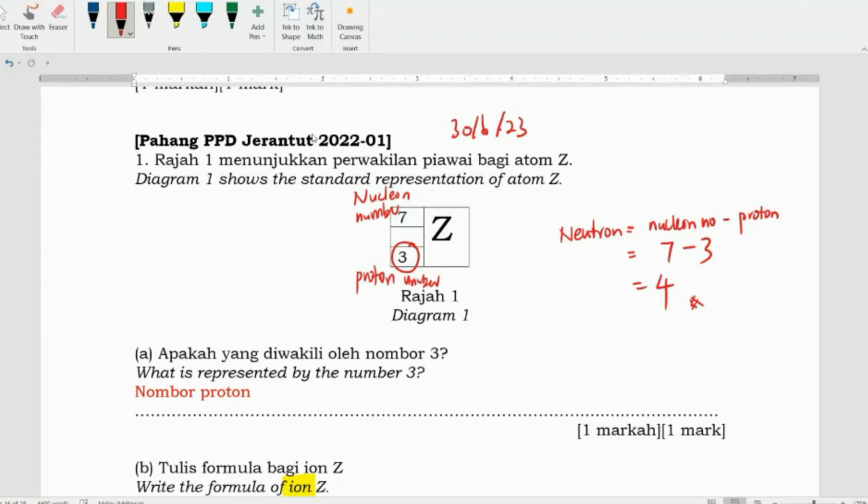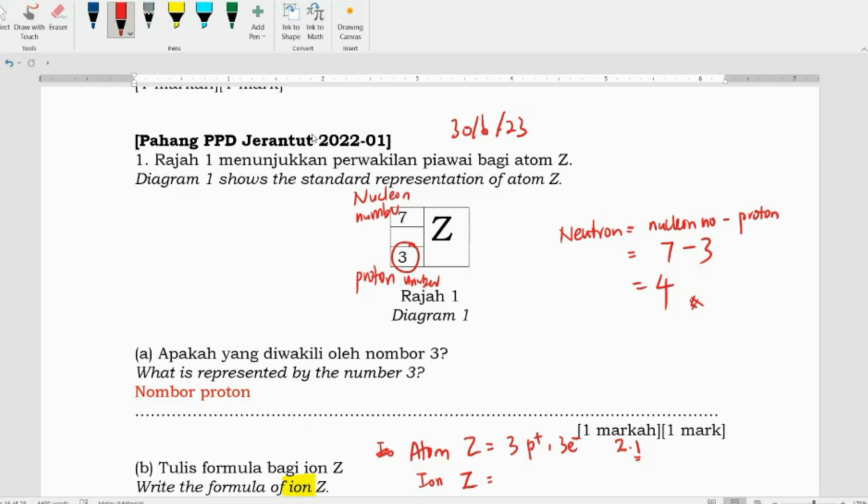Very good. First we look at the atom. Atom Z has 3 protons, 3 electrons, so the electron arrangement is 2.1. For ion Z, if the electron arrangement has more than 2 shells, the second shell must have 8 valence electrons.